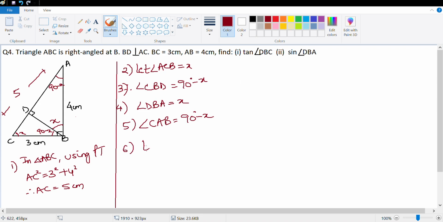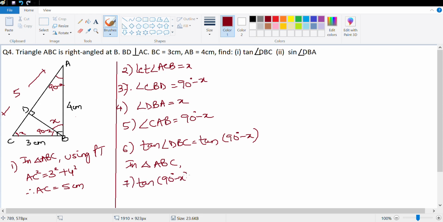Let's see what we need to calculate. Tan angle DBC, which is equal to tan DBC, which means tan of 90 degree minus x. So in triangle ABC, tan 90 degree minus x would be equal to, so this is the base, so perpendicular upon base, in this case CD upon BD, which is equal to, oh my mistake, we're looking at the reference angle 90 minus x in the big triangle.